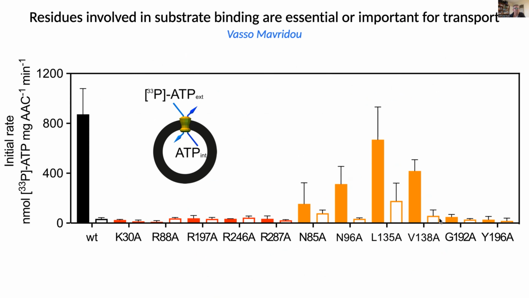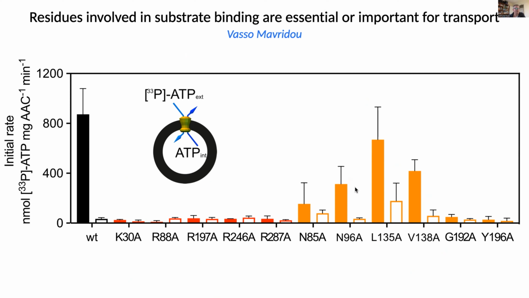And for the residues that are deemed to be important for binding, shown here in orange, you see that some are also essential for the transport function, but quite a few have maybe a reduced transport rate, but they're still active to some extent.